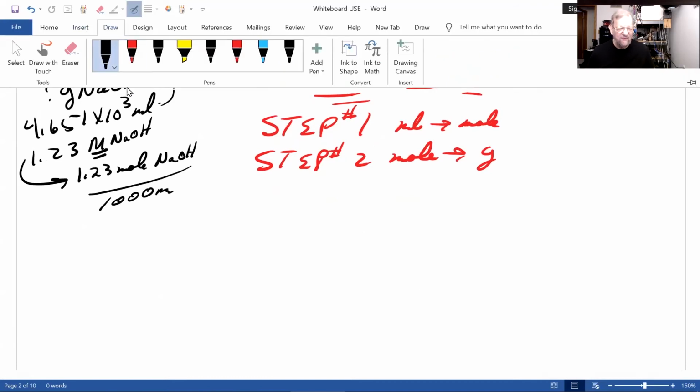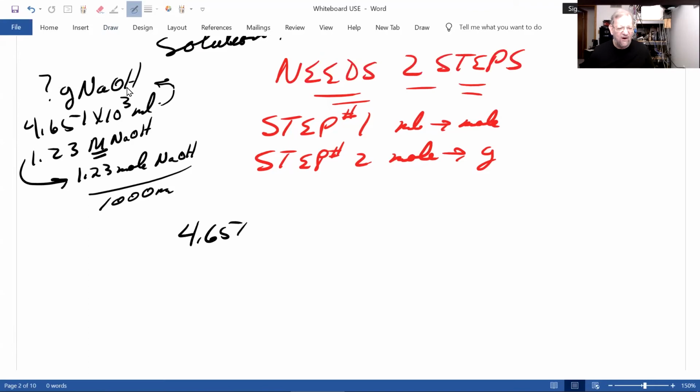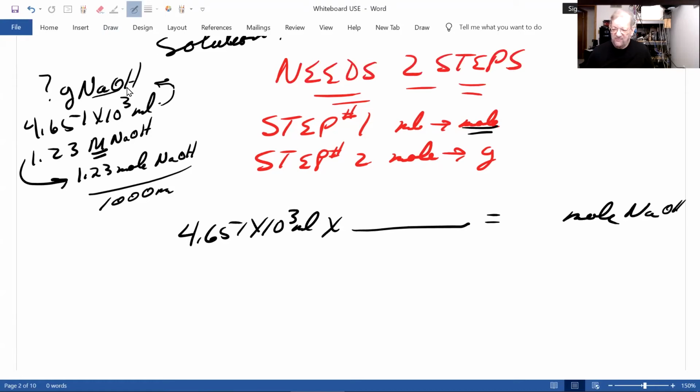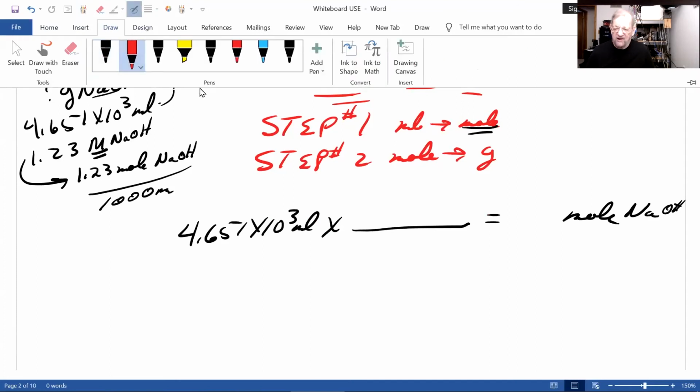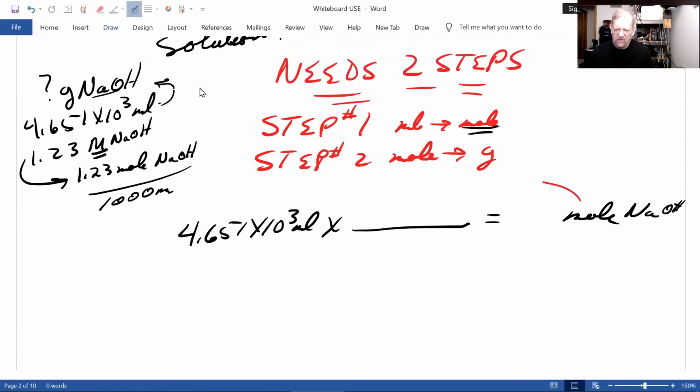What do we have? We have 4.651 times 10 to the third milliliters of solution. We want to go to moles. In this case, it's moles of sodium hydroxide, because we're eventually going to go to grams. So how do we proceed? Use your good buddy, your good friend, unit analysis. Whatever you're trying to get to goes on top of the ratio.